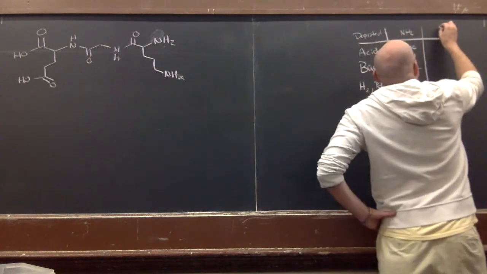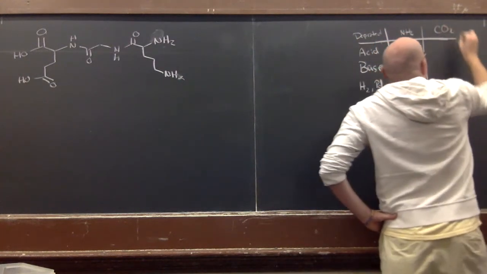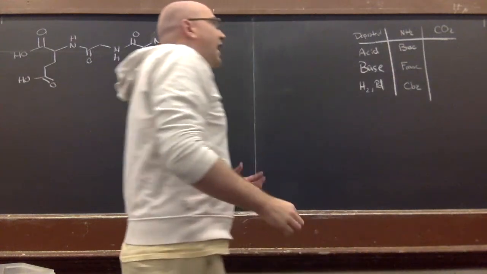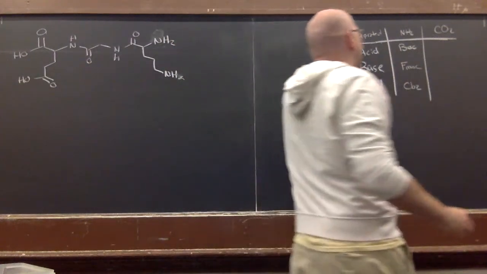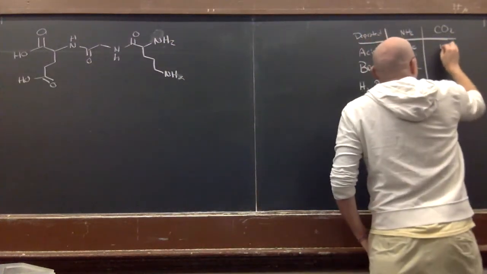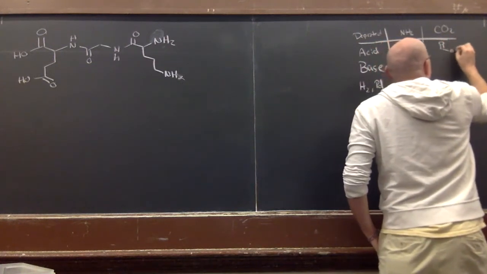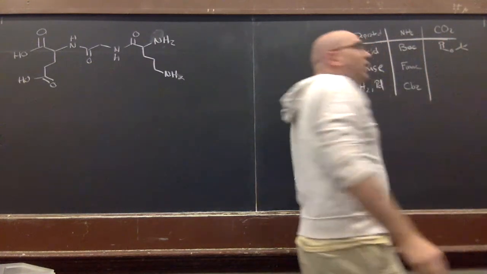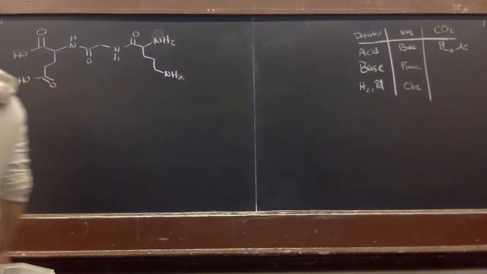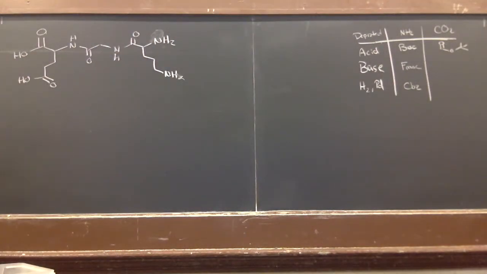We didn't go too much into depth on protecting carboxylic acids, but it's very analogous, at least for the acid and the benzyl one. You can protect carboxylic acids as tert-butyl protecting groups.